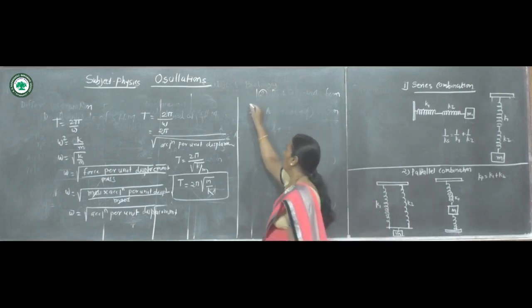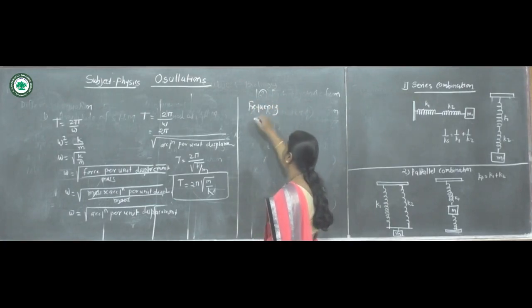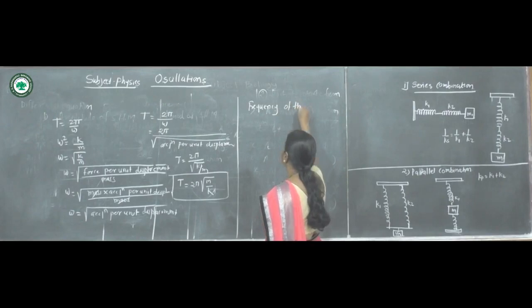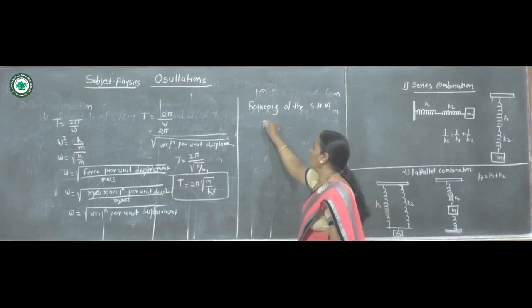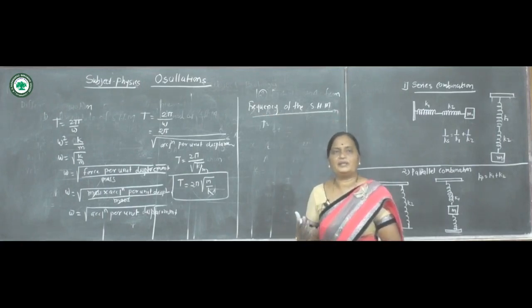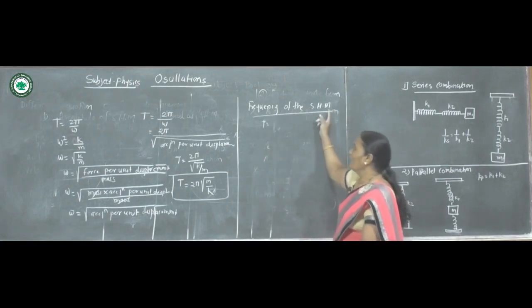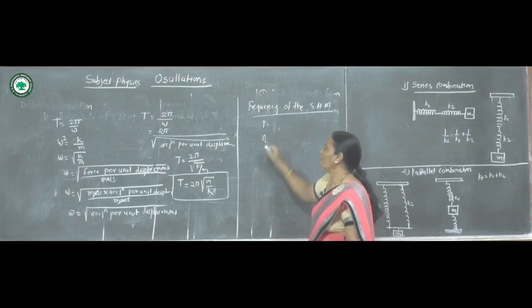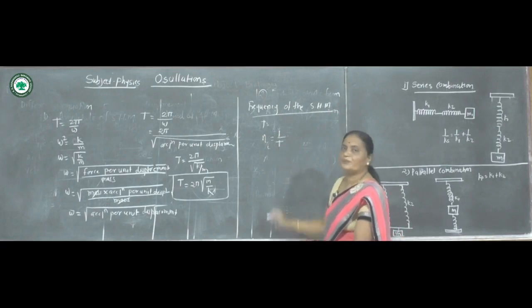Now we see the next definition, frequency of the SHM. We know T is called the period. Frequency of SHM is defined as the number of oscillations per unit time, per second. Frequency is represented by n, and it is the reciprocal of period.